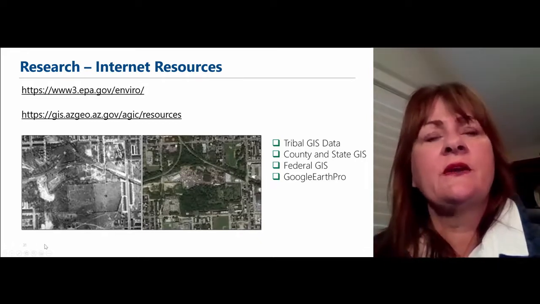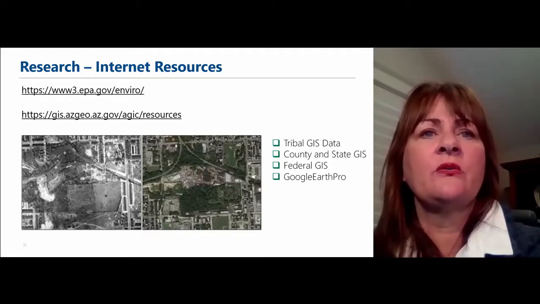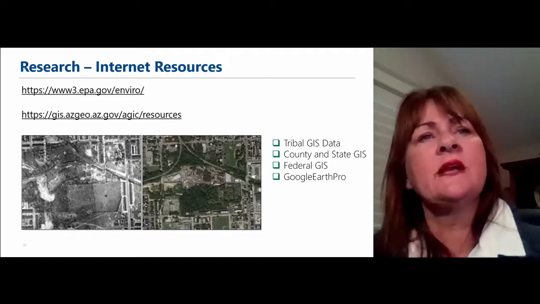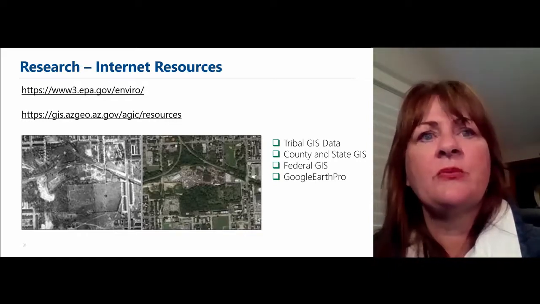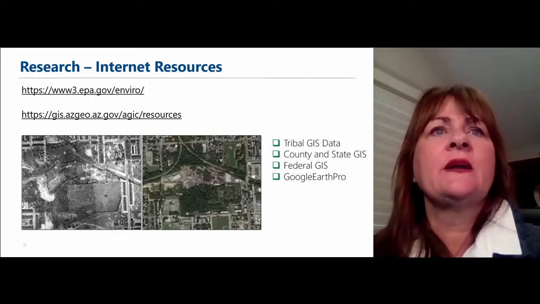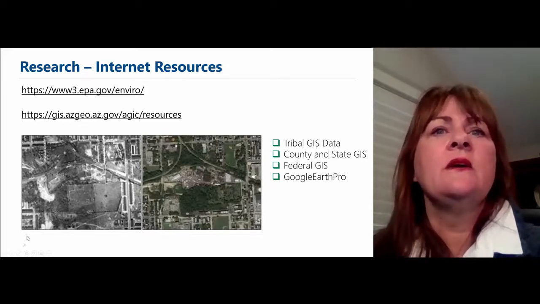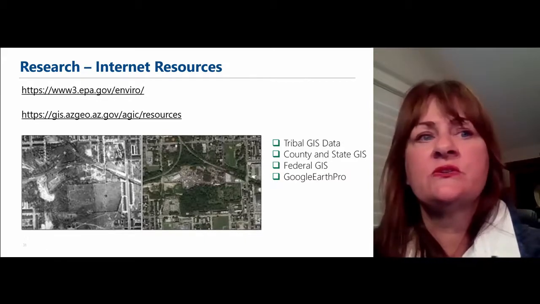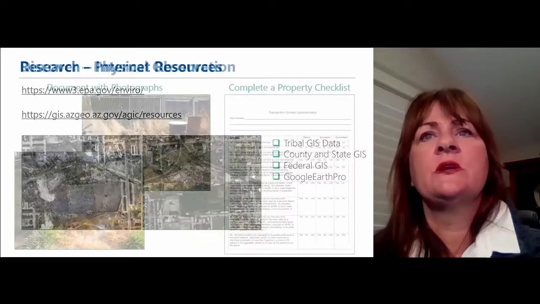They have a mechanism on their Google Earth Pro website where you can actually go back several years. I think you go back pretty far to look at changes to the property over time. There are many resources that you can look at online. The EPA has a really good one to look at environmental conditions or hazardous materials issues on properties in the area. So there's a lot of things that you can do online.